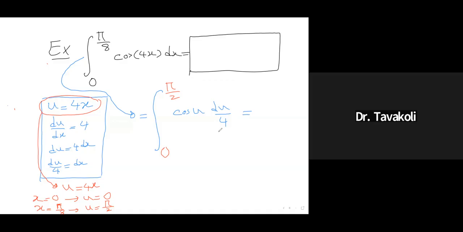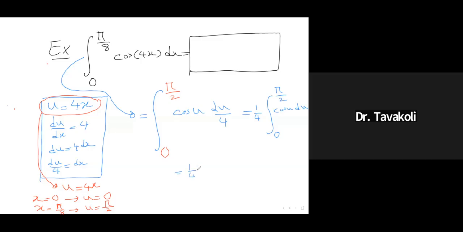This 4 in the denominator is like a 1/4, getting pulled out of the integral, and the integral of cosine u du, where u runs from 0 to pi over 2.